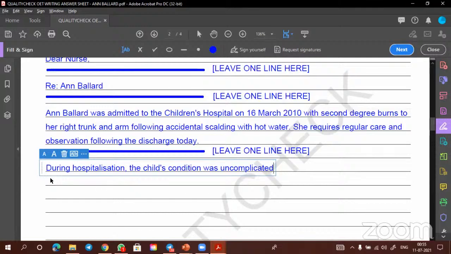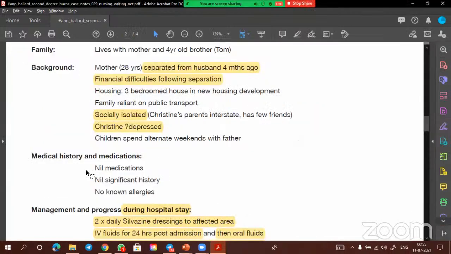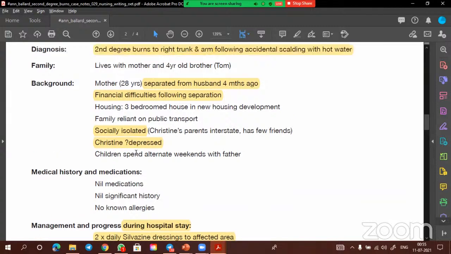So her hospital stay was uncomplicated. That is the meaning here. Without any complications, because you have noticed here, nil medications, no significant history, no known allergies, nothing.